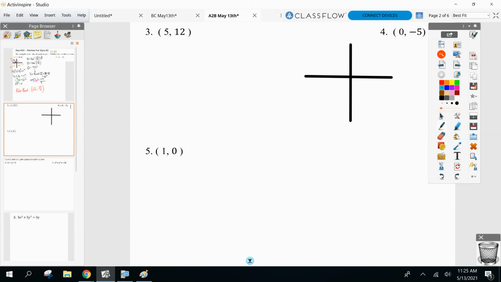R value is not 0. If the R value is 0, that means it didn't move. It's right in the middle, which it's not. The R value is how far it is from the middle. How far is this point from the middle? 5, positive 5 units. It's not 0. It's 5 units away.